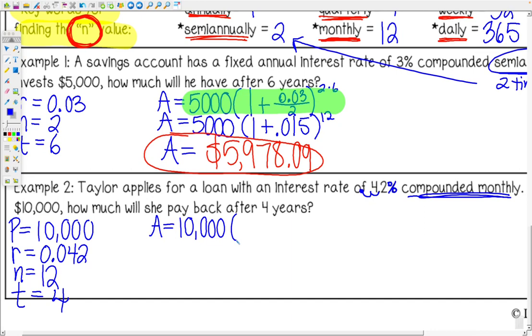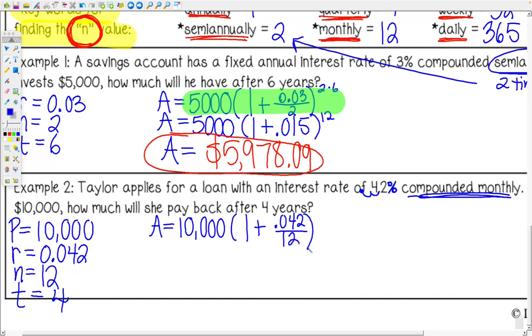Because interest is something that's being paid. If you're thinking about how we did growth and decay, it will always be a growth, never a decay, because you're paying it out. So I've got 10,000 and then 1 plus the rate, 0.042, over the number of times it's been compounded, 12.